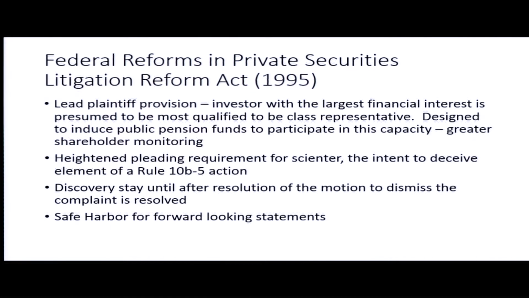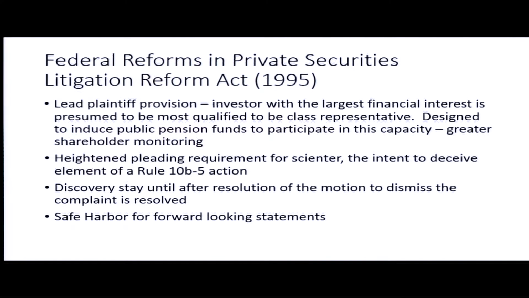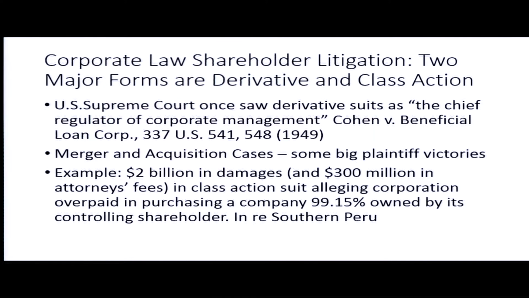And the idea there was that this would be a large shareholder, someone with real skin in the game, so to speak, and that they would engage in monitoring of the attorneys that were bringing the case and ensure that the attorneys were taking actions in the best interests of the class. Right? And there were a variety of others which are less central to the story. We can talk about them more later if someone's interested.